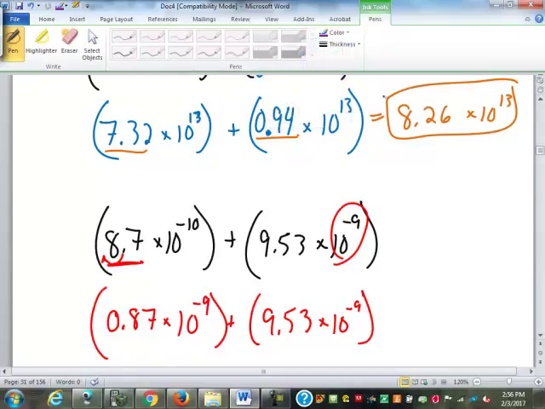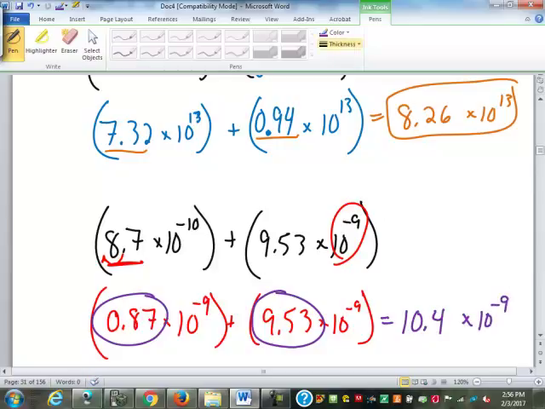So now we're going to add our counts. 0.87 plus 9.53 is 10.4, right? Times 10 to the negative 9th.